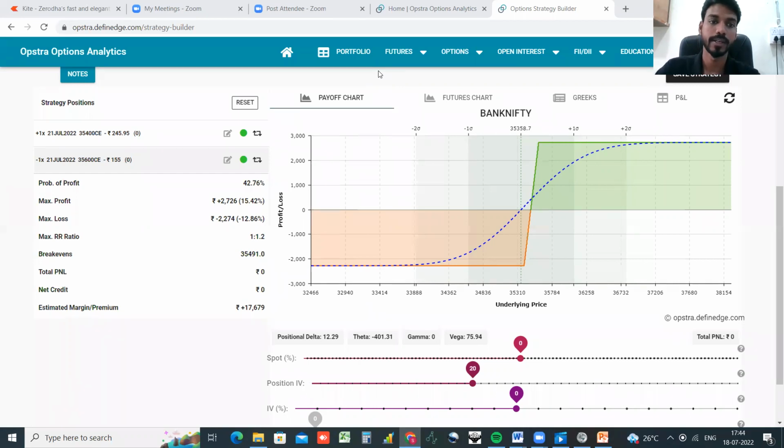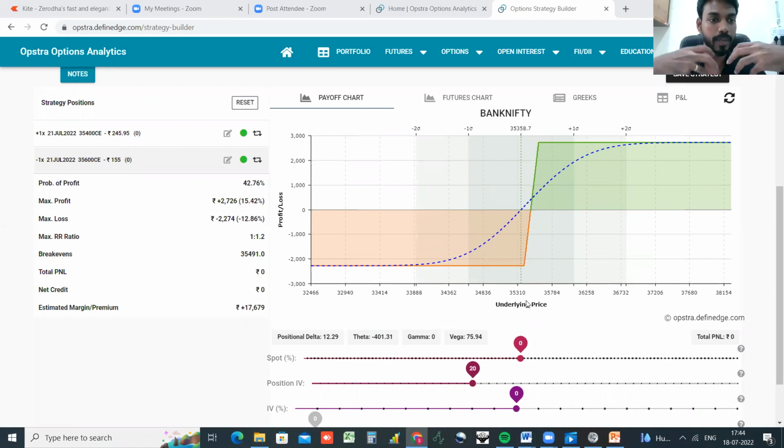Absolutely, right? Okay, so this is how I want to change your mindsets from the naked calls to spreads. So let's spread the good news of the spreads.